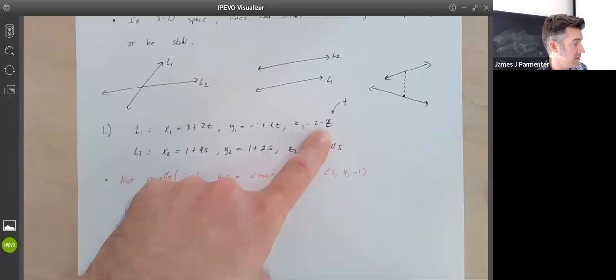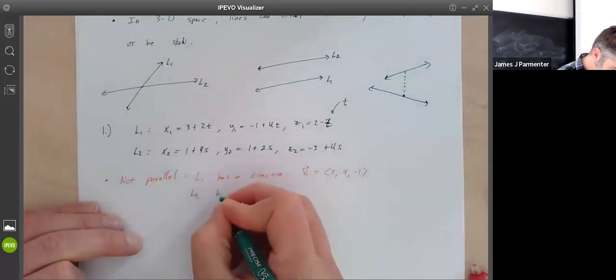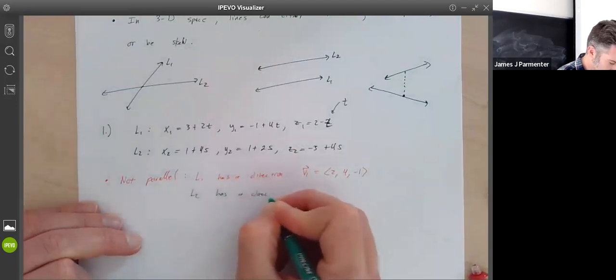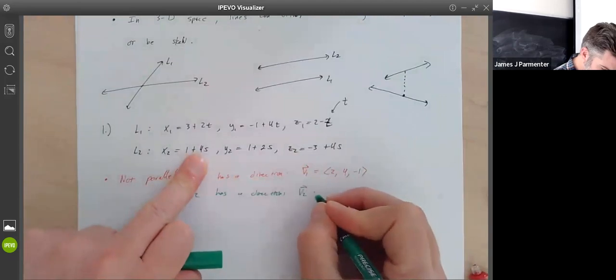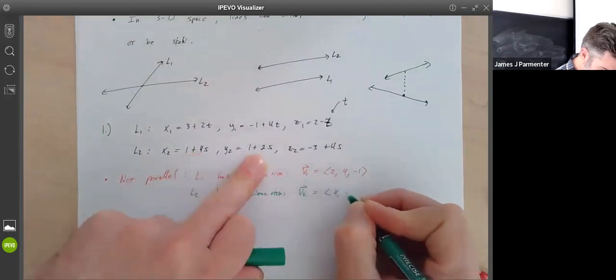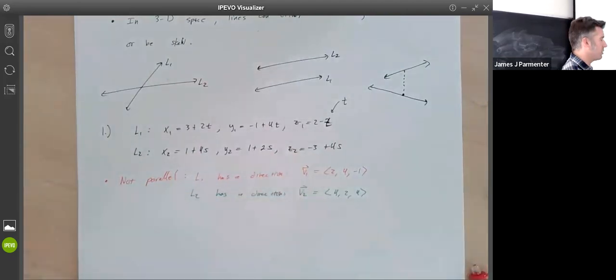Whereas L2 has a direction that is 4, 2, 4. Those are not multiples of each other, so we know they're not parallel, they're not going in the same direction. If they were multiples of each other, we'd be done. They'd be parallel.